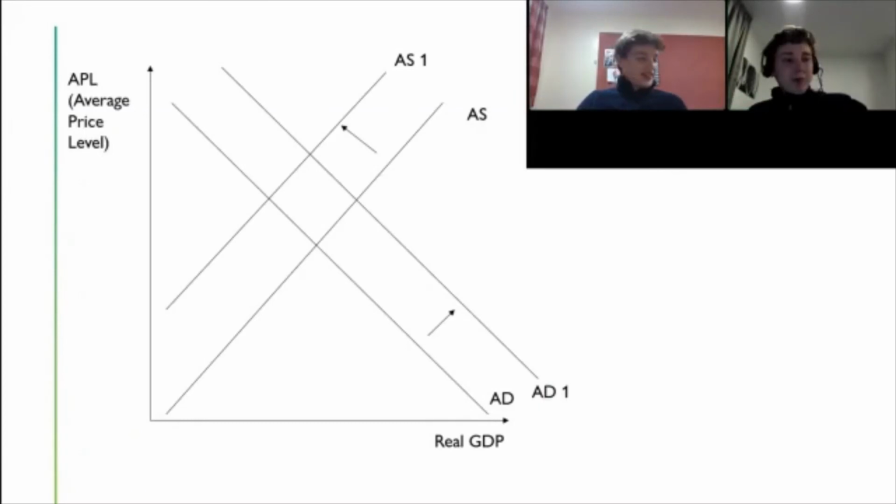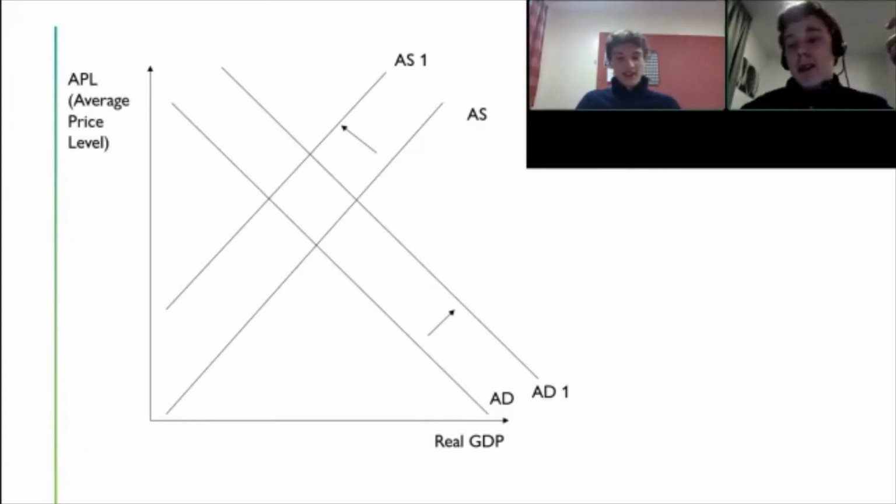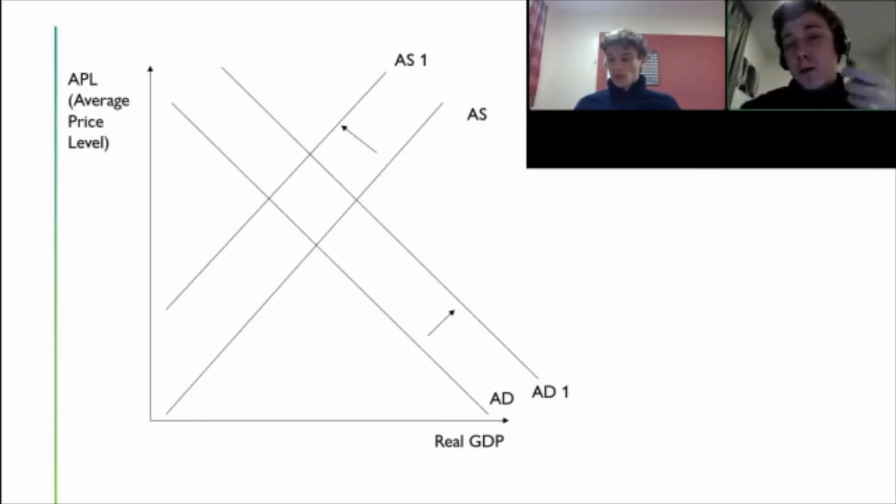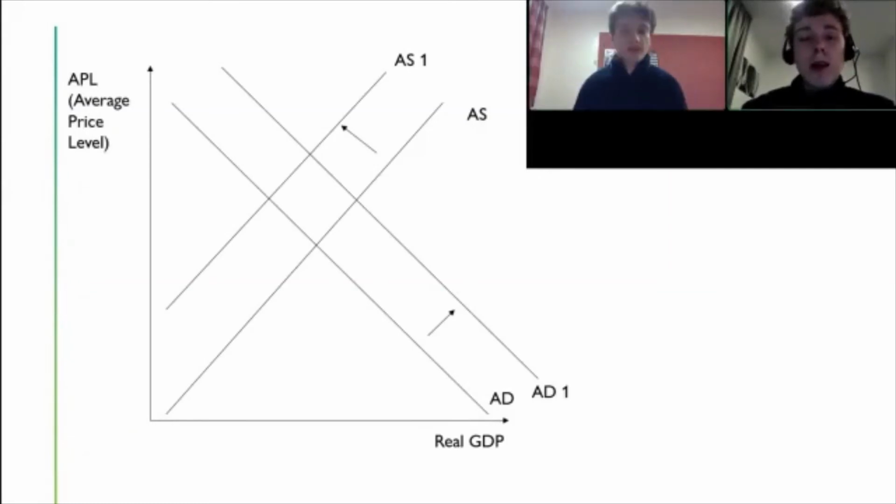So, yeah, this is essentially why governments have to keep an eye on the average price level. Obviously you don't want this average price level increasing too much. So governments have to keep an eye on how AS will react, and there are ways that they can affect the demand and supply side, which we'll touch upon later on when we focus on macroeconomic policy, but that's a topic for a later video.